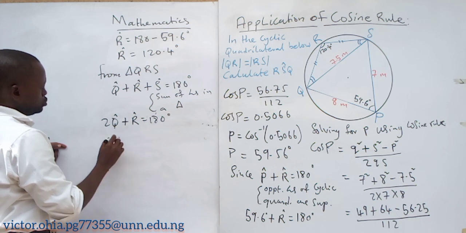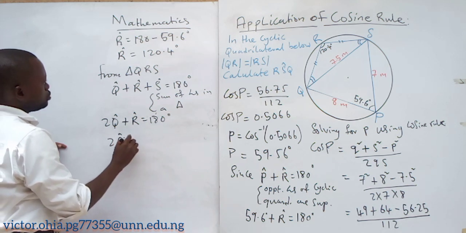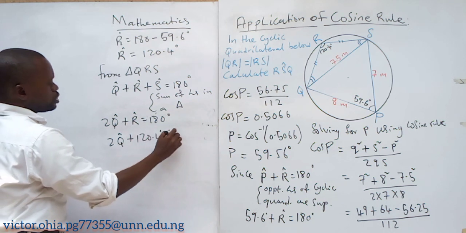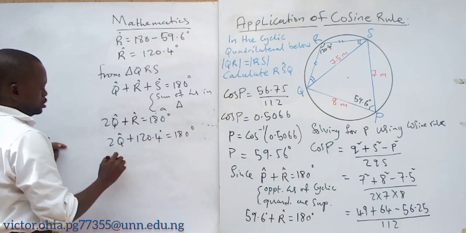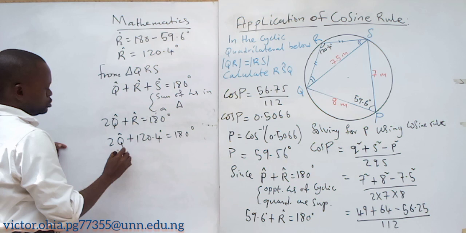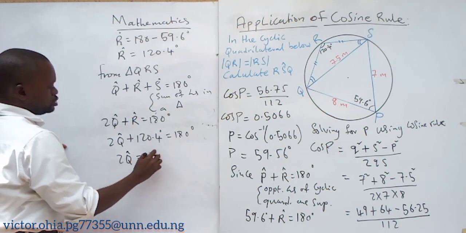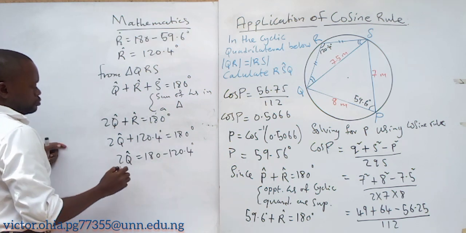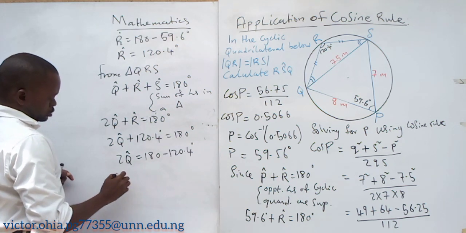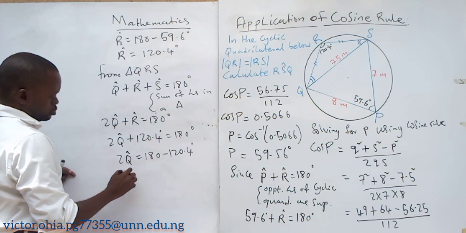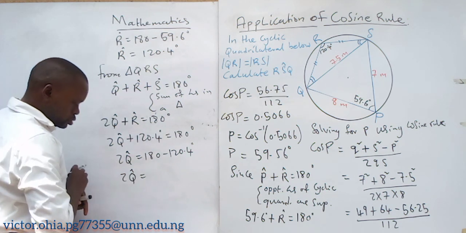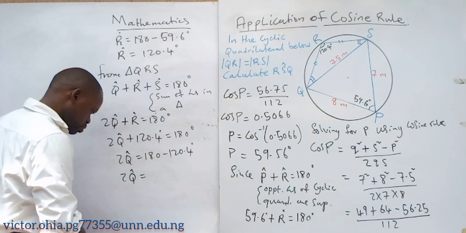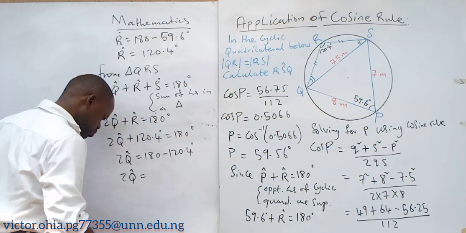So I can have 2Q plus 120.4 degrees is equal to 180 degrees. That means 2Q is equal to 180 minus 120.4 degrees. Let me check what that is going to give us.